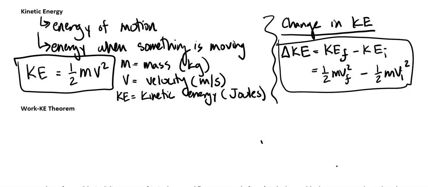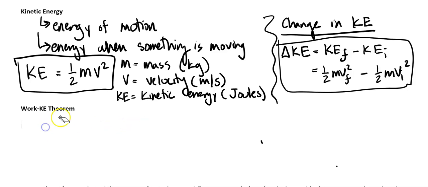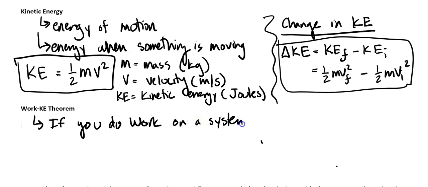So if you do work on a system, you will either increase or decrease the energy, which oftentimes is specifically the kinetic energy of the system. Okay, so if I'm going to write that down, sorry about that. If you do work on a system, you will increase or decrease the energy of the system.